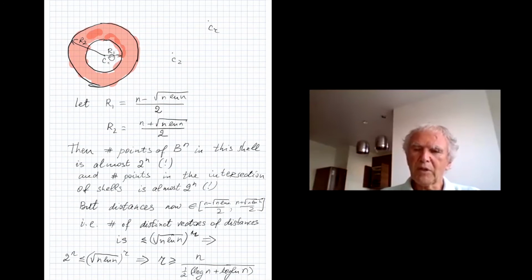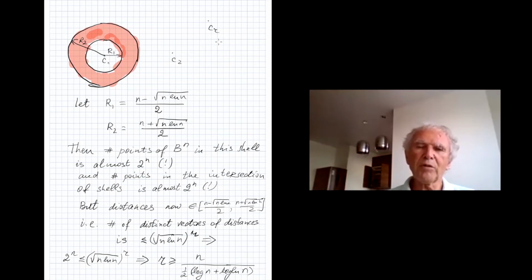But we know that in fact almost all distances are roughly around half of n, and I'm going to use it in the following way. I'm sorry for the missing part, but I'll jump to this.